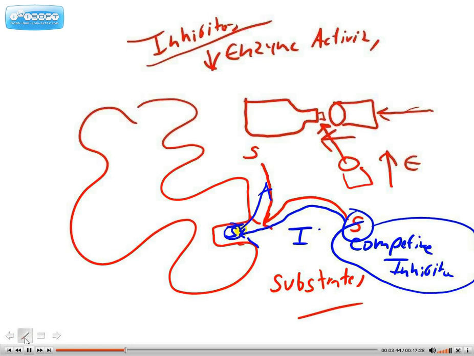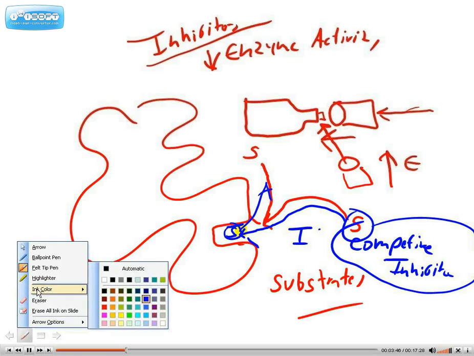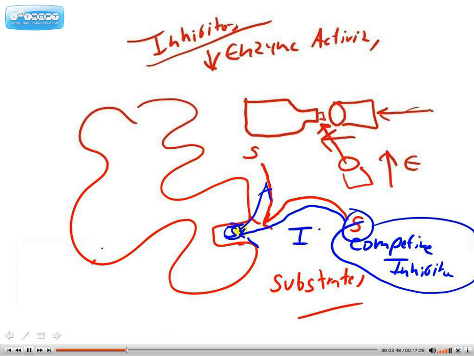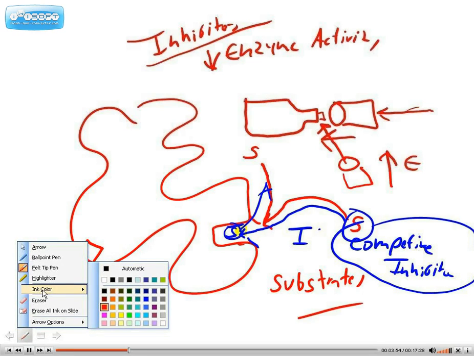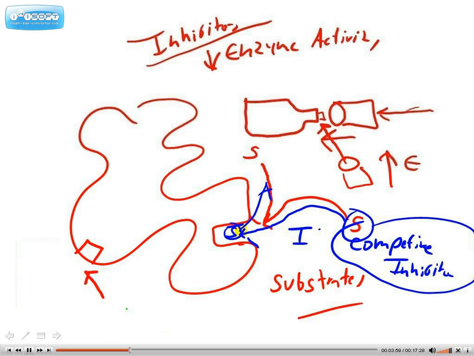Now it turns out that there could be an alternate spot where inhibitors can dock onto the enzyme. I'm just going to highlight this with a green. This site we call an allosteric site. Allosteric means alternate site.